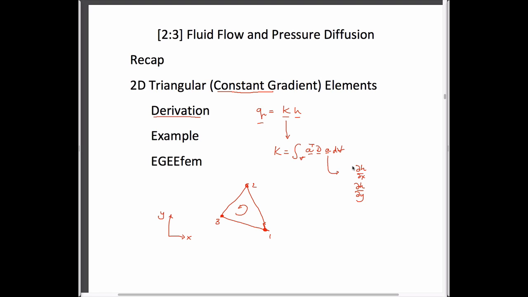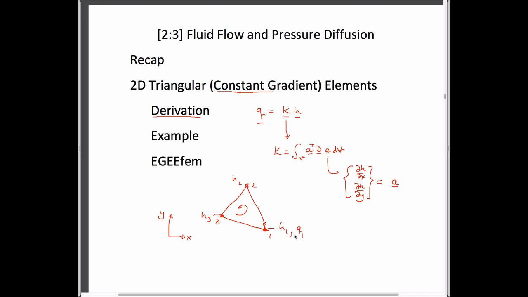And the A matrix that we want to develop is something that allows us to link the magnitudes of nodal heads, which would be head at node 1, head at node 2, and head at node 3. We say we have two conditions at each node.